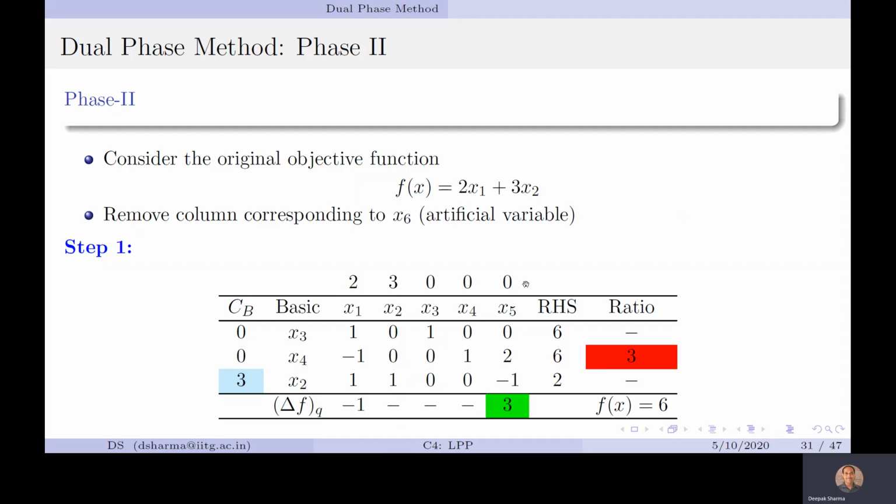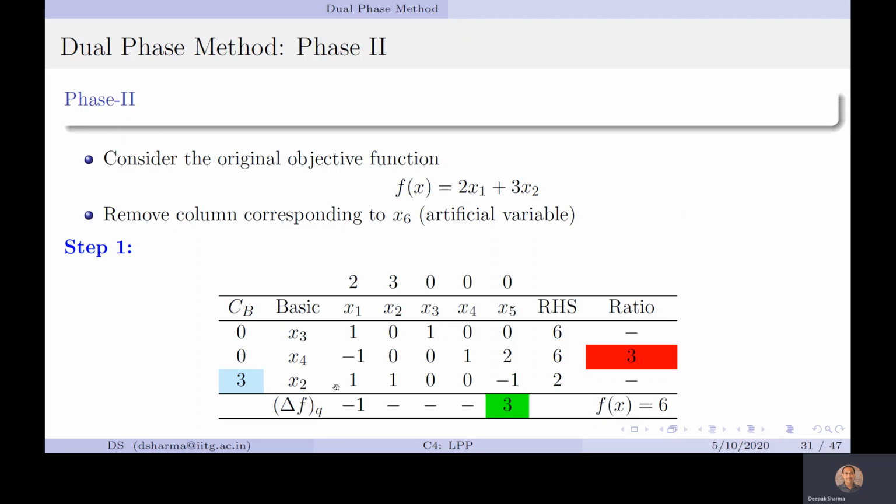Look at row number 1. Now the coefficient corresponding to x1 is 2, x2 will become 3, and for all slack variables it is 0. The second change you can find in the CB column. x3 and x4 are 0, but now x2 will become 3. Why? Because this is the cost coefficient in the objective function of variable x2.